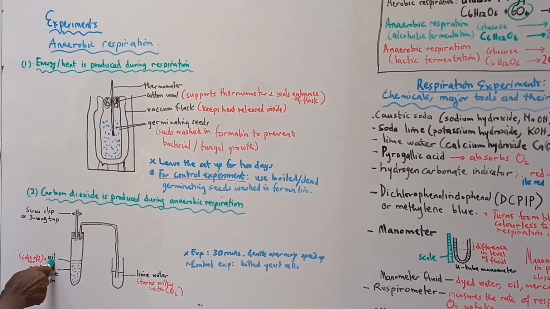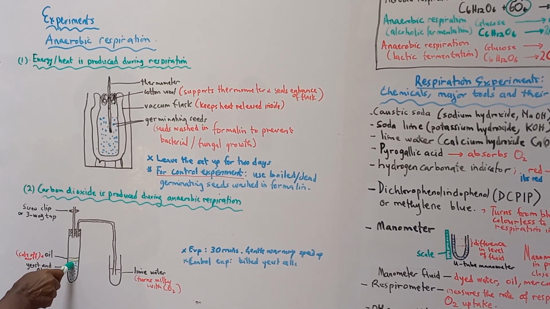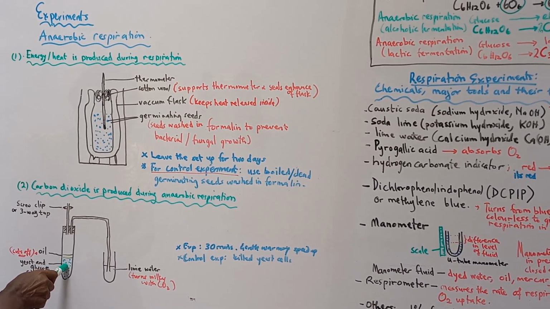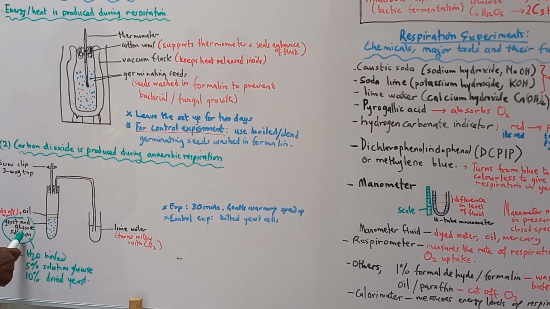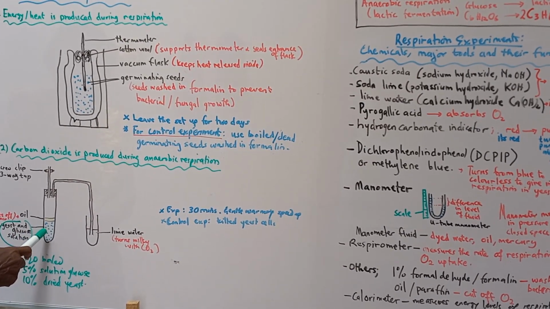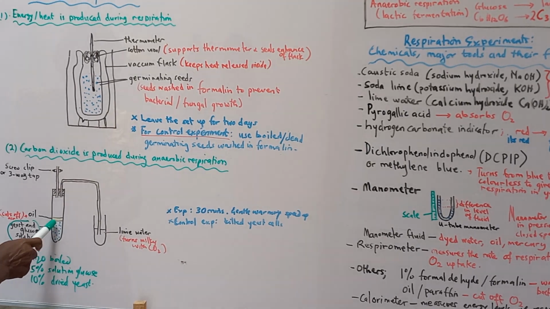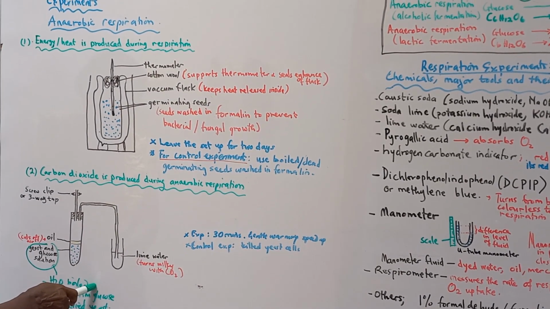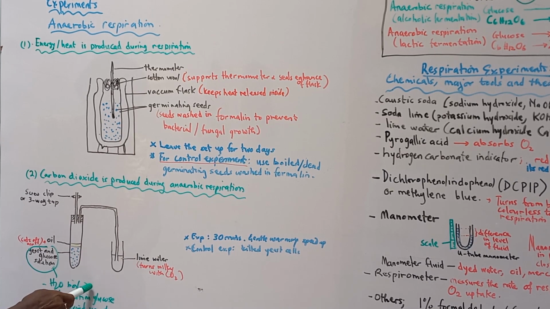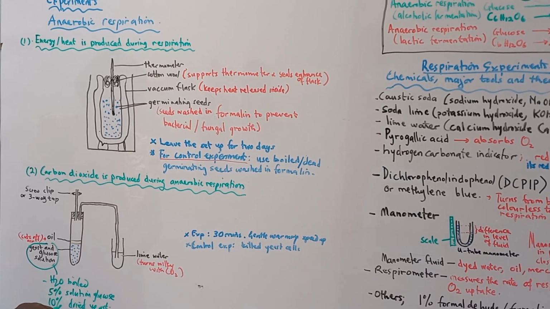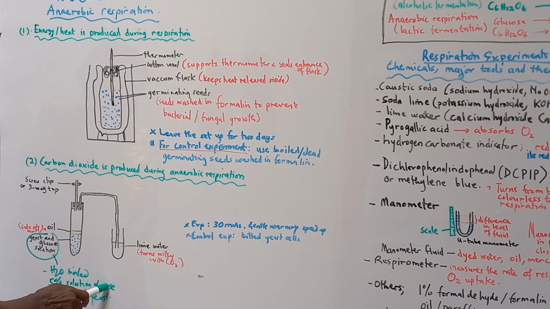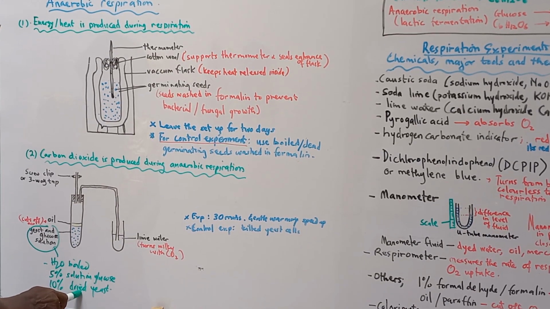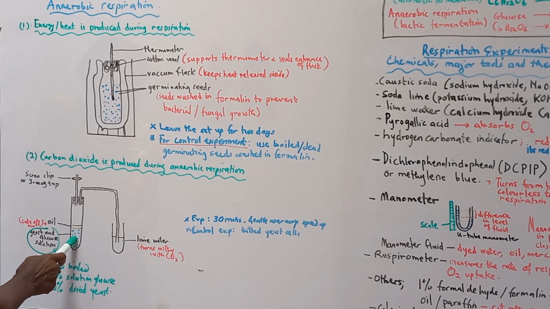This oil cuts off air from the glucose and yeast solution. The yeast and glucose solution is prepared in such a way that there should be no air to start with. So water is boiled to get out the air, and the boiled water is used to prepare a 5% solution of glucose and 10% dried yeast. That is what is here.